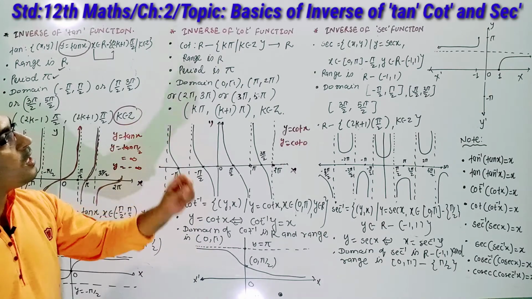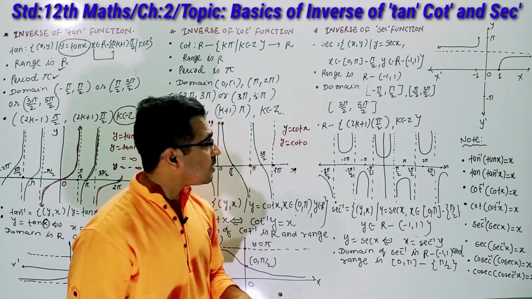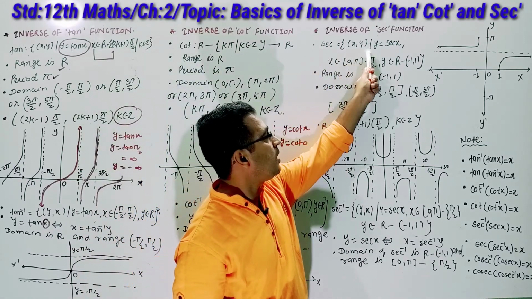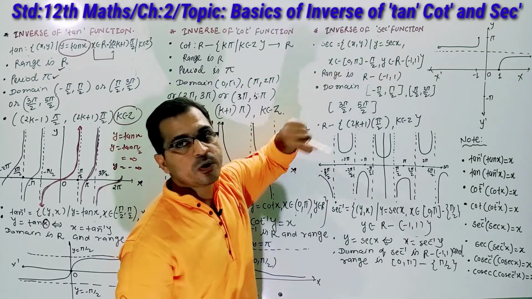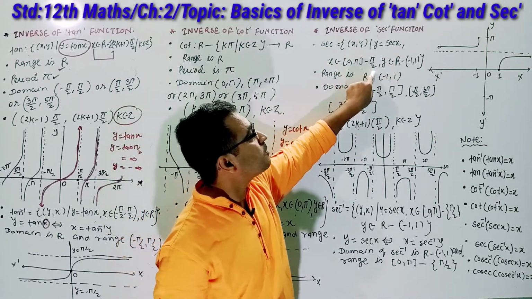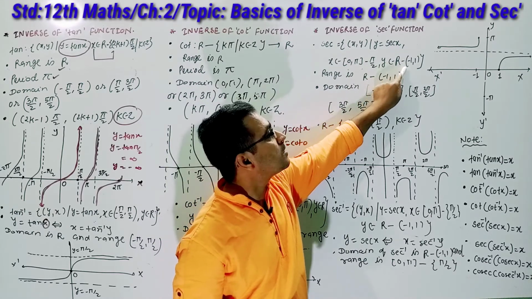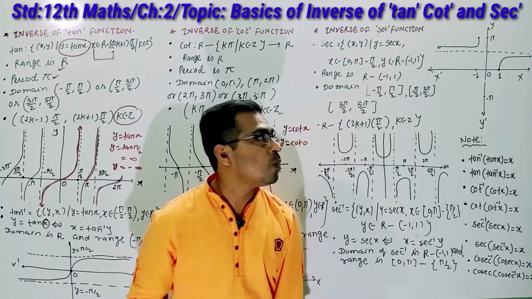Okay students, similarly moving to the inverse of the sec function. The sec function can be defined as y is equal to sec x, where x belongs to 0 to pi minus pi by 2, and y belongs to R minus the open interval minus 1 to 1.